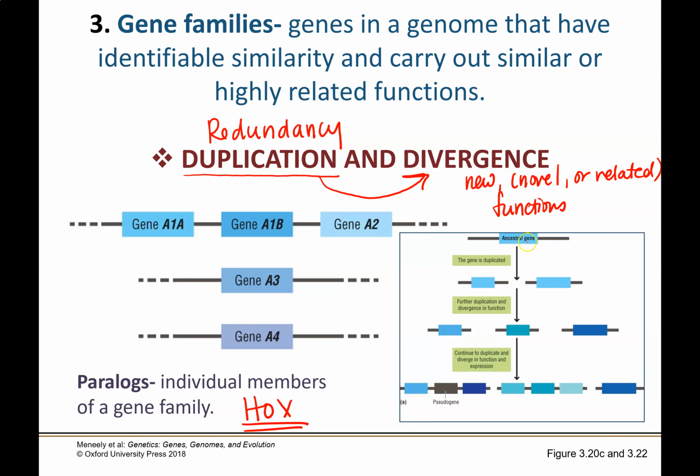So here we have showing how this might happen. We have an ancestral gene. That gene is duplicated. And it might be duplicated again, might not be, but either way, they are going to potentially diverge into other genes. So these, the bottom line here, are similar genes to the ancestral gene, but they all have different but related functions.